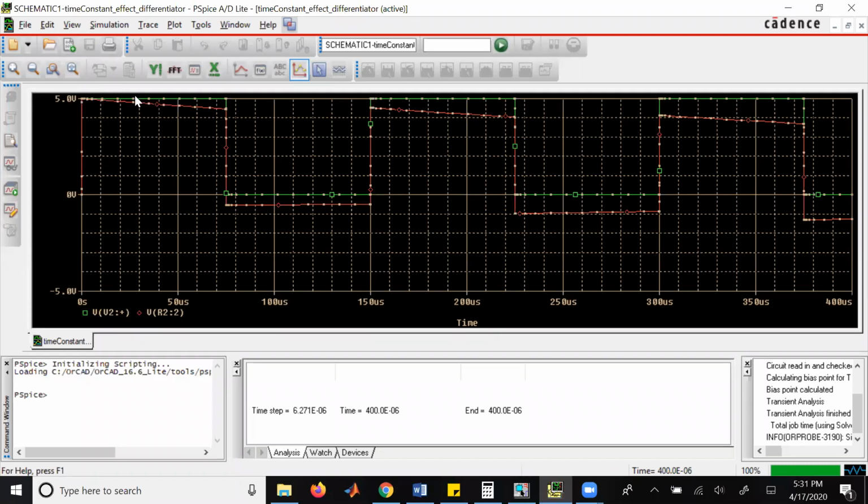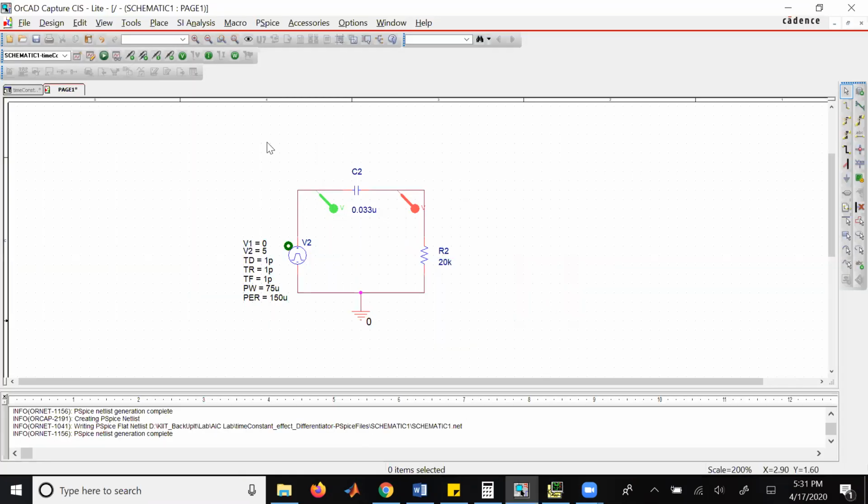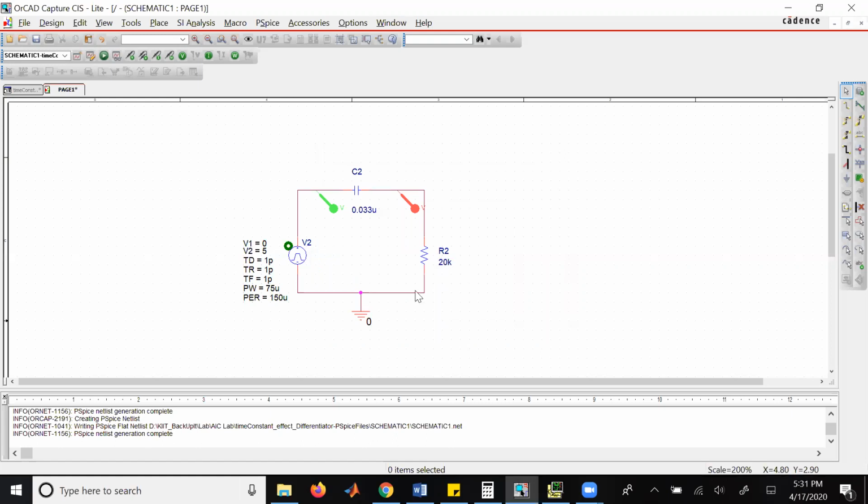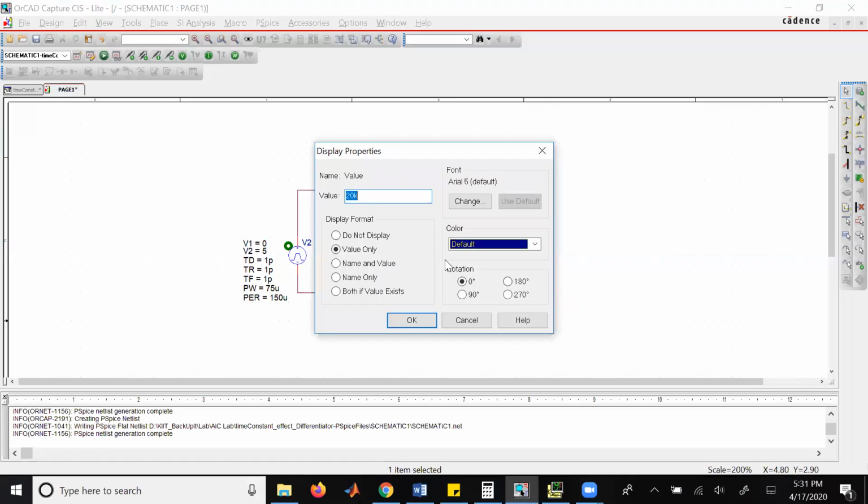So it will always remain nearly constant. So there is a very less discharging rate of this capacitor. Fine. So as we increase the time constant, discharging will be very slow, and the voltage across the resistor R2 nearly remains the same.